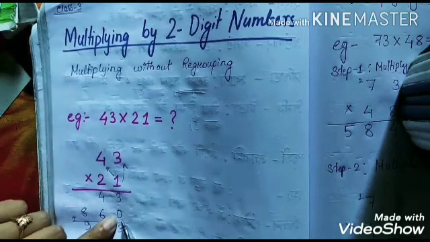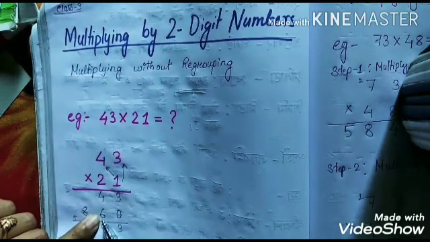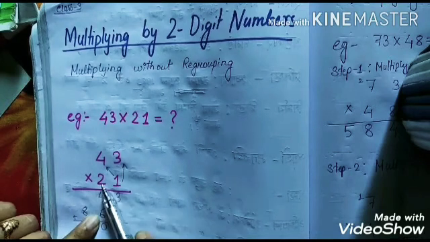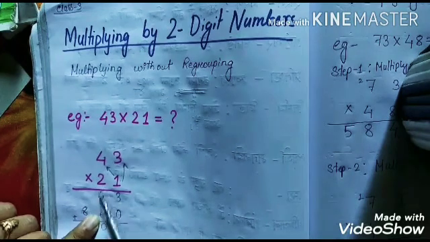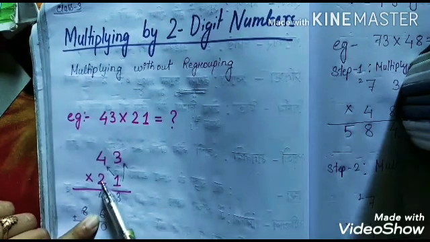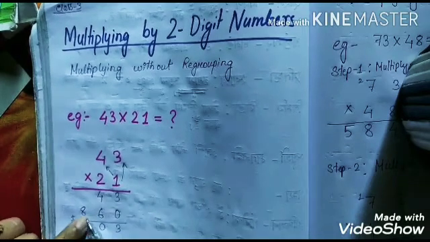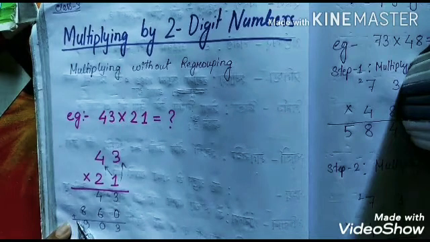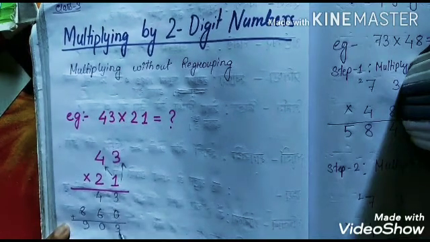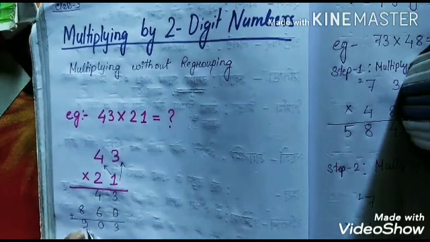As the ones place is done, we write 0 here and we start from the tens place, right students? Because now we are going to multiply with the tens place, which is 2. So 2 3s are 6 and 2 4s are 8. Now we have to do the sum. 3 plus 0 is 3, 4 plus 6 is 10, carry 1, and 8 plus 1 is 9.